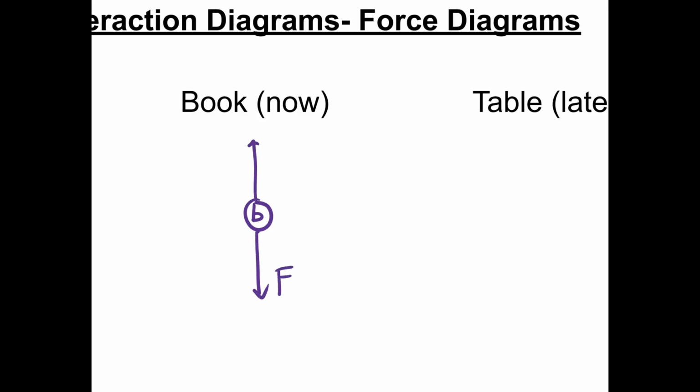So this is a force, this is also a force. The thing that's making the book look like it's going down to us is called gravity on the book by the earth. And here, the normal force on the book from the table is making sure the book doesn't fall down. So that is it for now.